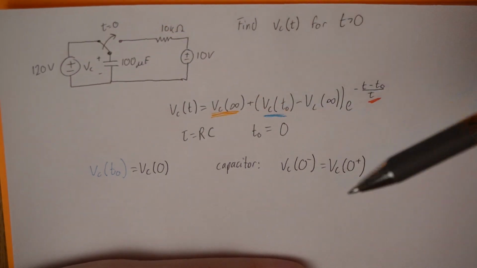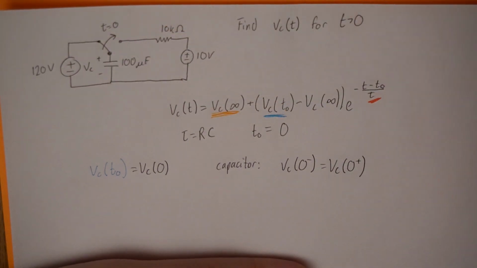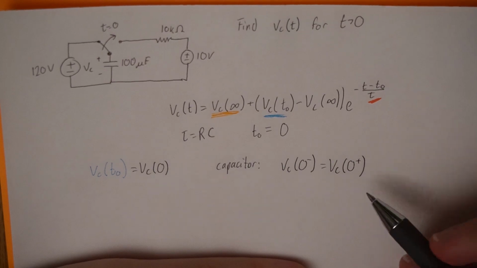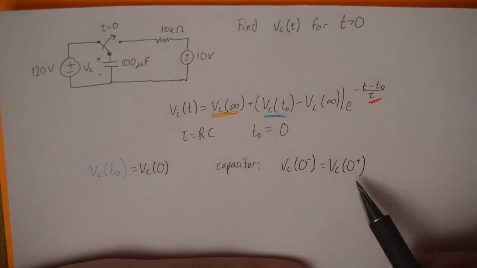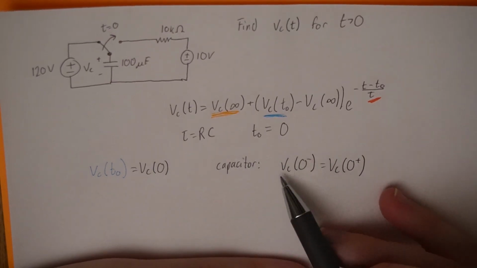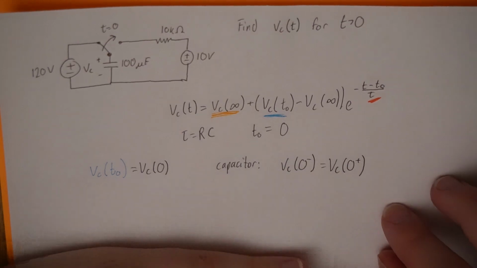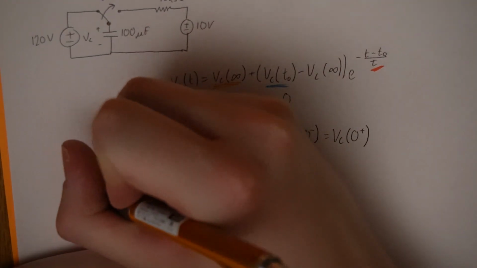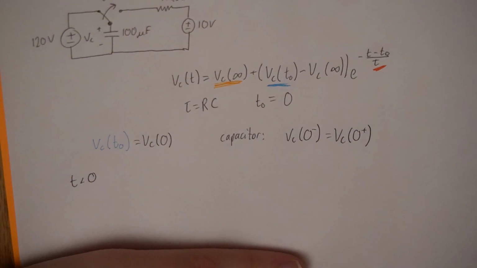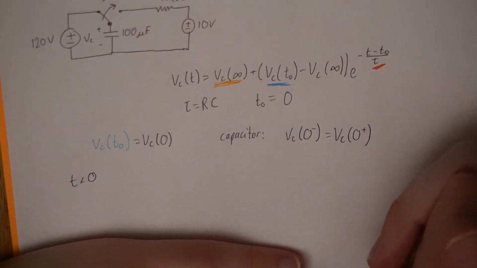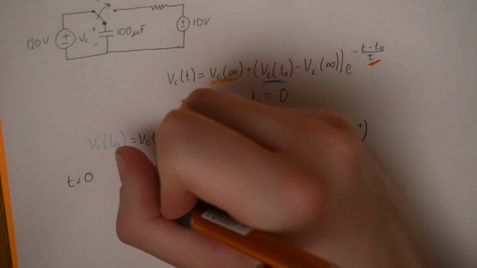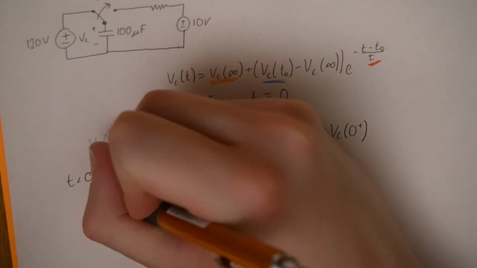So when we flick the switch, the voltage it had before the switch flicked will be the same as the voltage immediately after. So to find VC at 0 plus, we need to find what was the capacitor's voltage before the switch happened. Now this is important because this is time less than 0, which means it's before the switch activated. So let's draw the circuit and see what we have.